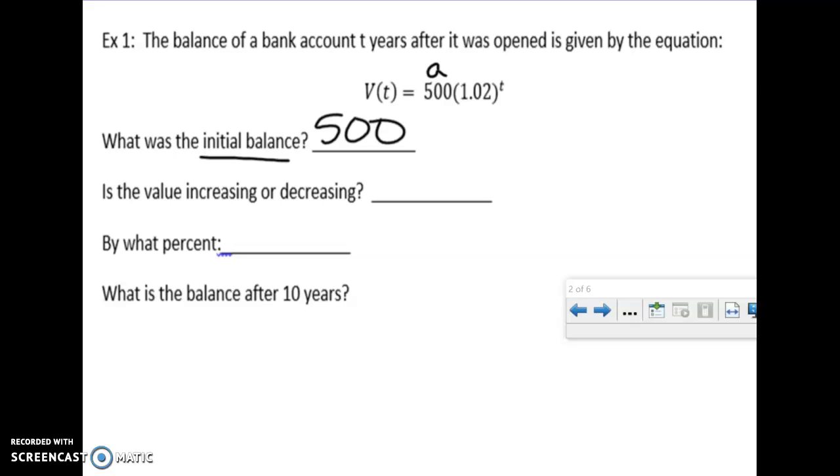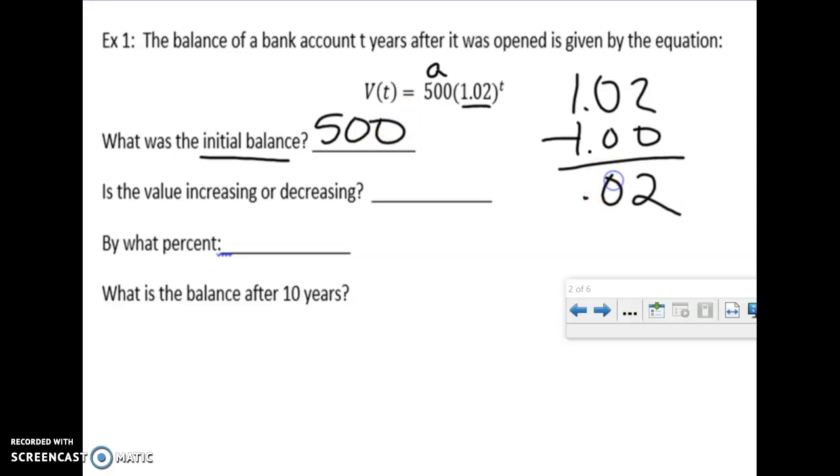Now, is it increasing or decreasing? Well, banks, like Mrs. Robarge said in the earlier discussion about winning the lottery, they're going to give you money just for having your money in the bank. So this 1.02 is an increase. How much of an increase is it? Again, subtract the 1 out of it to see that this is 0.02.